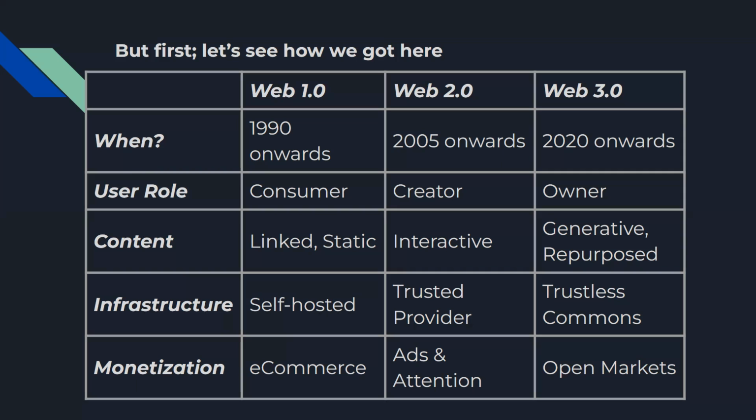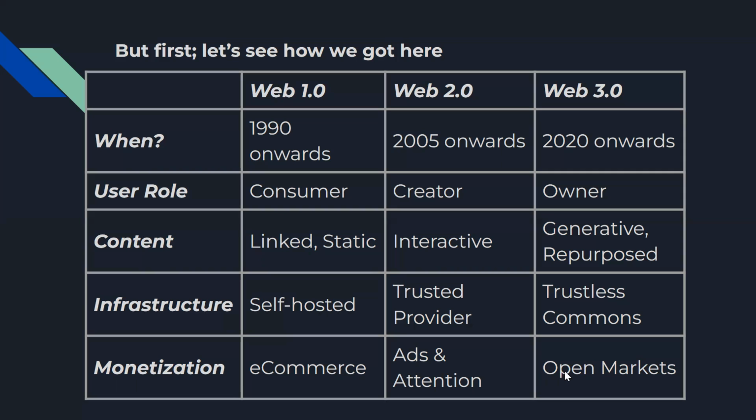Also with monetization, now you had e-commerce with eBay, with Web 1.0. Now with Web 2.0, we ourselves are the commodities, because your sold ads and your attention is what makes the real money.